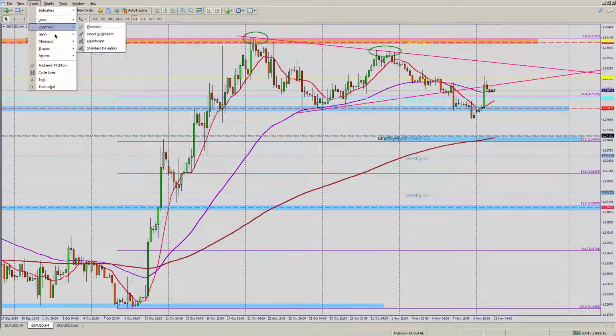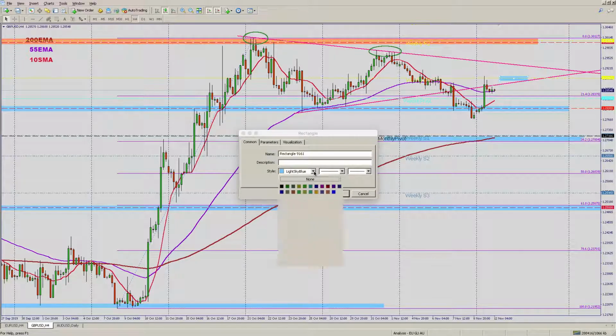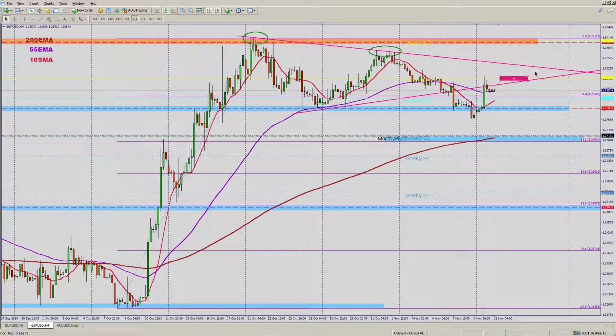So for today, the critical intermediate resistance is going to be at the weekly R1 pivot level, and that's going to be at around the 128.90 level. And we'll see whether that will hold.